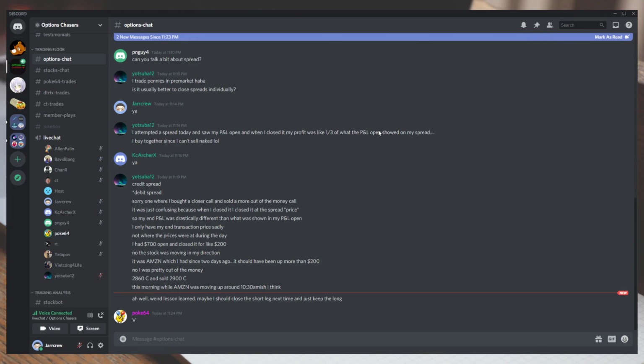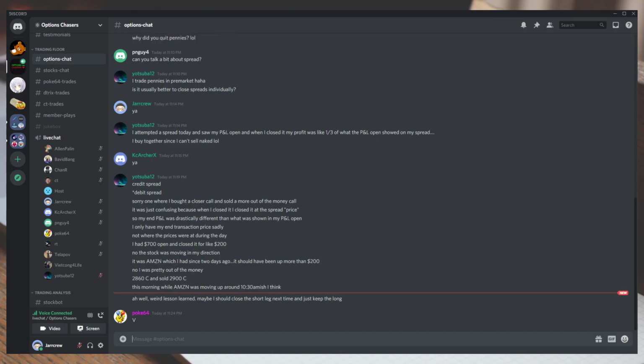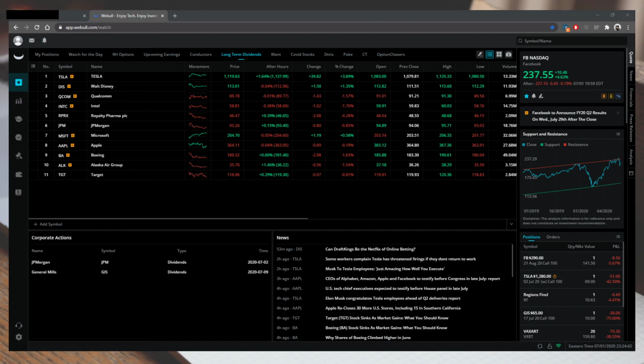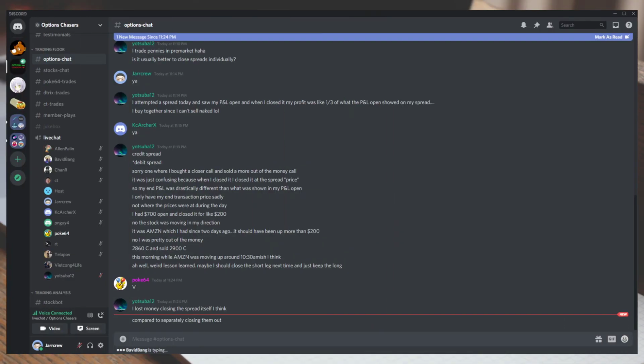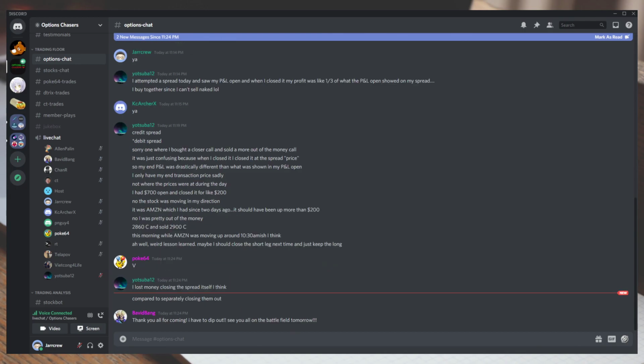So you lost money pulling out early, I believe. I think it's ultimately because you didn't close it within the spread limits that you lost money, because when you have a spread, you have to have it closer to the top end to make more money on the contract itself. So it wouldn't be worth as much.